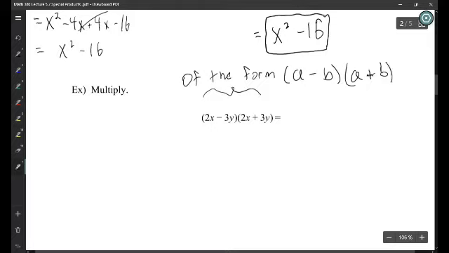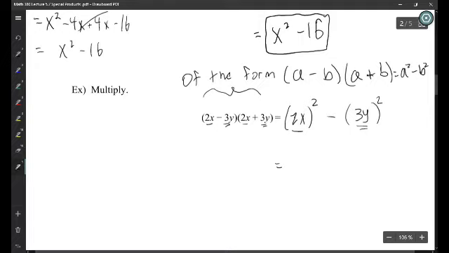Well, whenever you have something of that form, we know from our difference of two squares formula, which we proved above, it's the same thing as whatever you have here and here squared minus whatever is in the second slot squared. So we get something like this. And it's whatever is in the first slot goes here. And whatever is in the second position goes here.